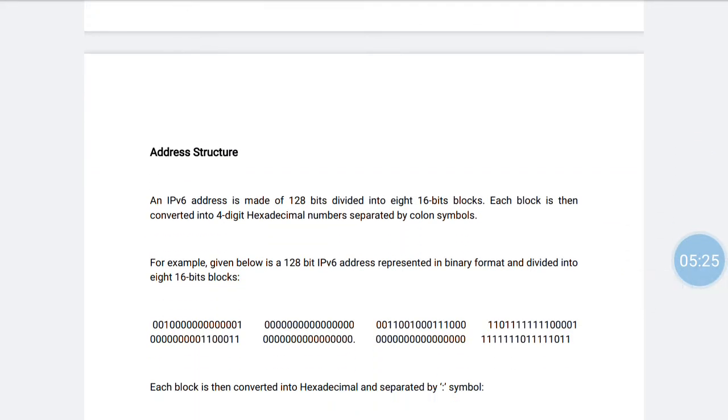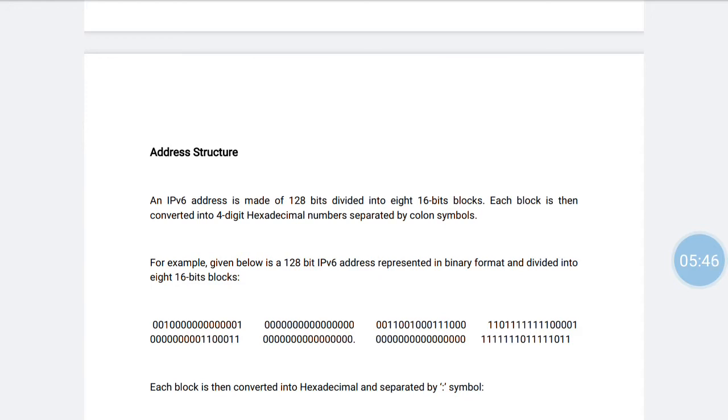Now, an IPv6 address is made of 128 bits divided into 8 blocks of 16 bits. Each block is then converted into 4-digit hexadecimal numbers separated by a colon symbol. So this is the example we can see here.